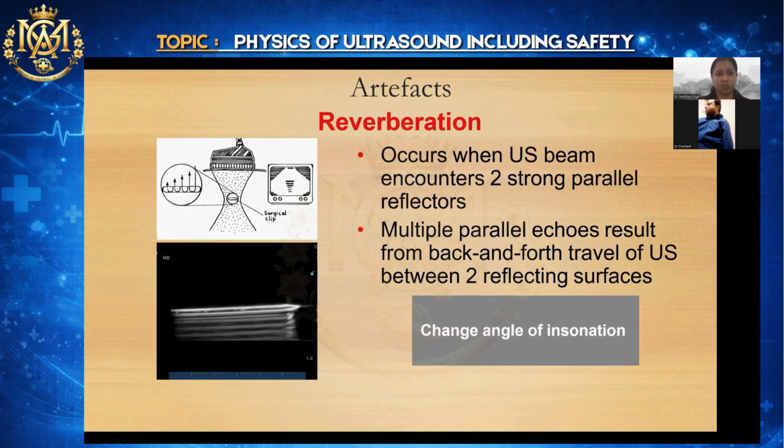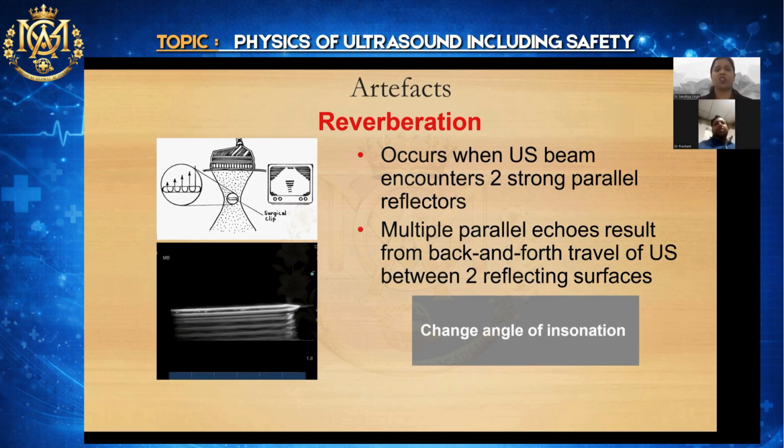Next is reverberation. This is very important when you're measuring amniotic fluid index. Or if you have done amniocentesis or any invasive procedure, and if you have inserted the needle in the ultrasound, multiple reflections like this you will see. And many times it becomes difficult for the person who is doing it to actually know where the needle position is.